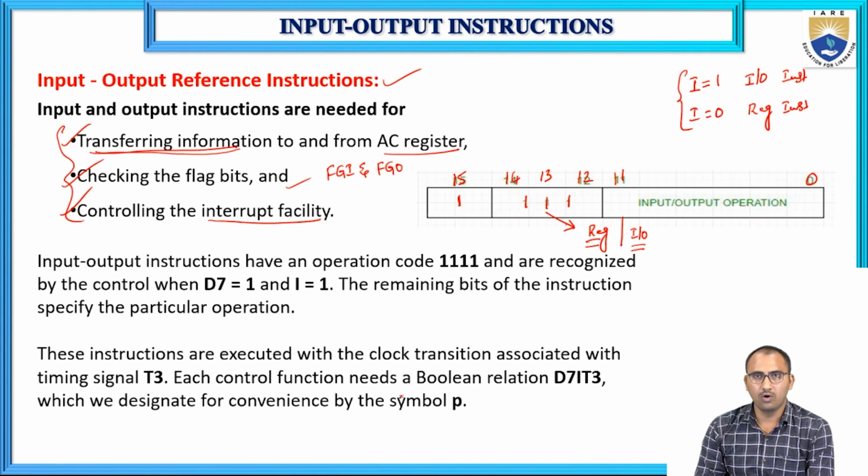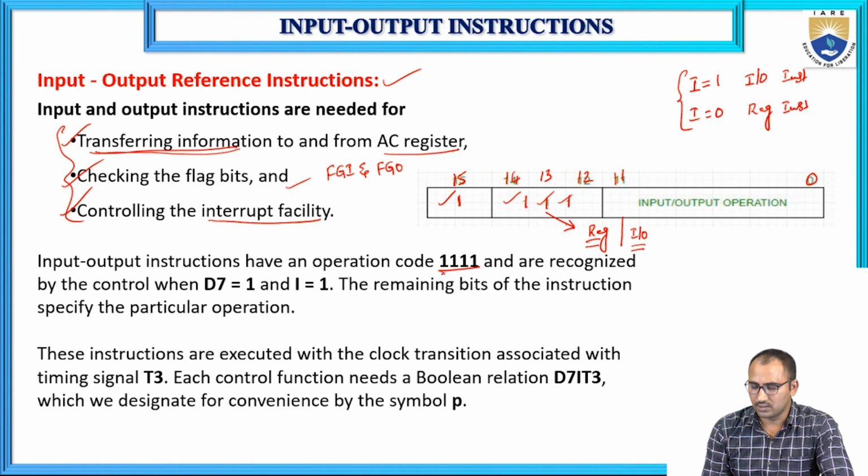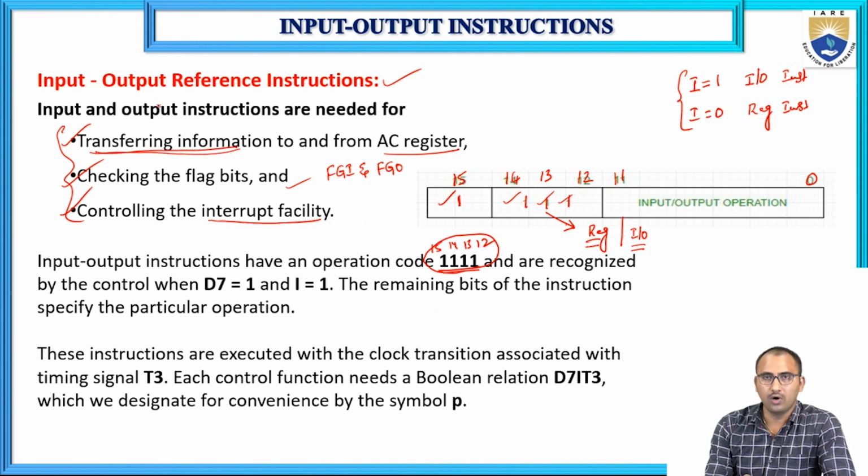So for an input or output reference instruction, the 15th, 14th, 13th and 12th bits of the instruction register should be logic 1. That's why the operational code will be 4 ones. When all the bits from 15 to 12 are set to logic 1, then it can be considered an input output reference instruction.